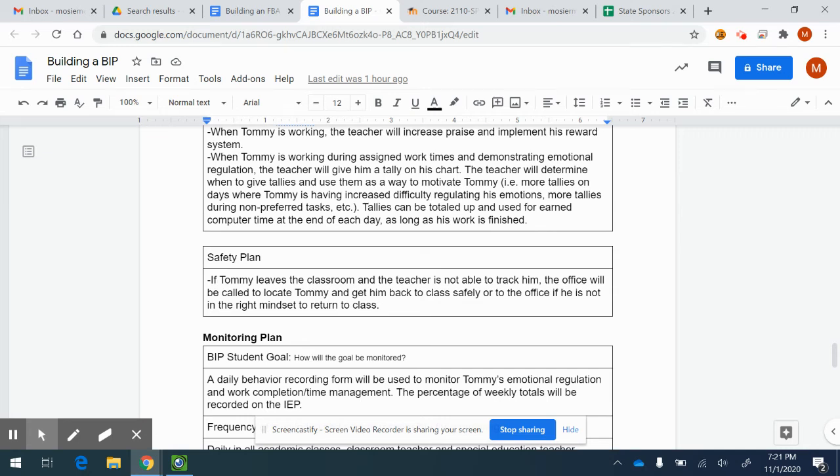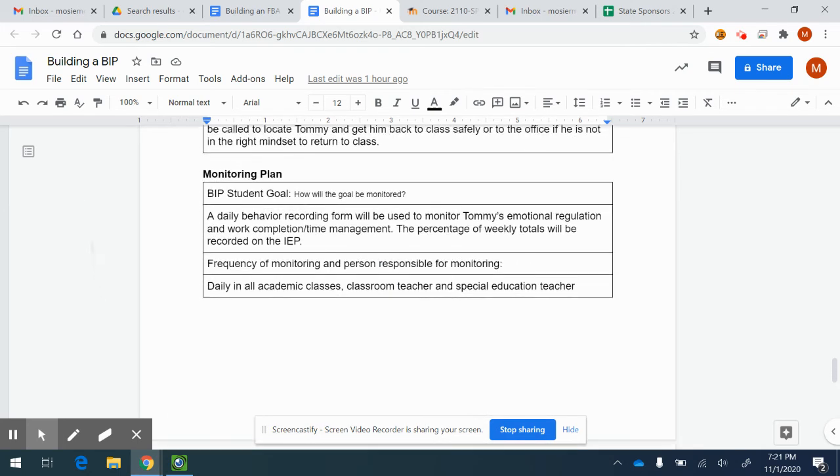If that happens, the office would be called to help locate Tommy and get him back to the class safely, or to the office if he is not able to be returned to class safely. So if he's escalated, if he's screaming and very distraught, that might be a time where he goes to the office, which is used as a place for him to go when he's not able to be successful in the classroom.